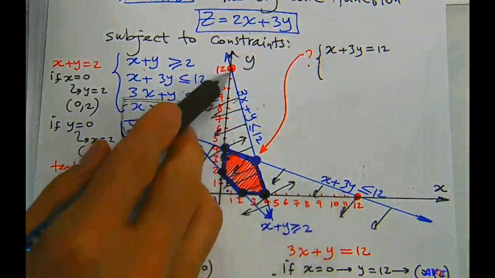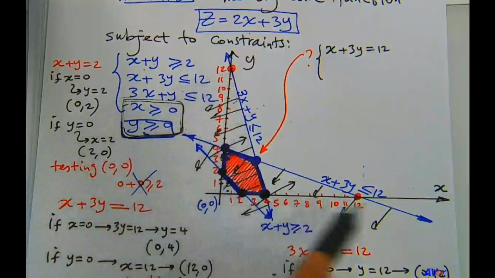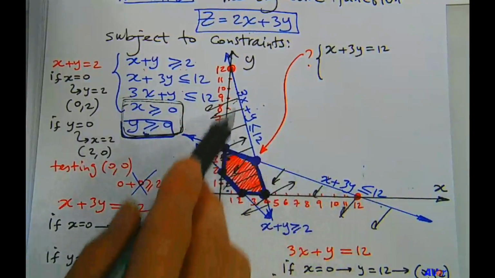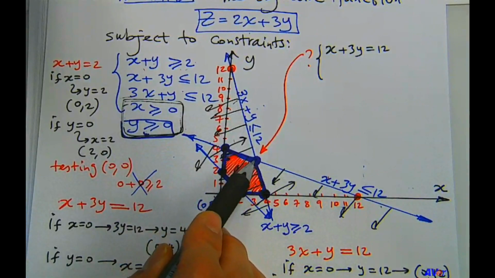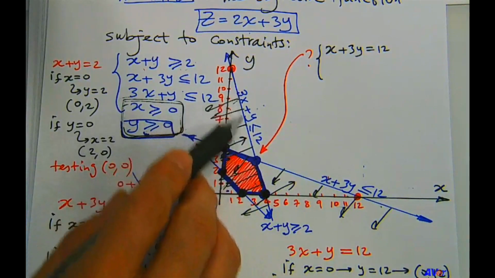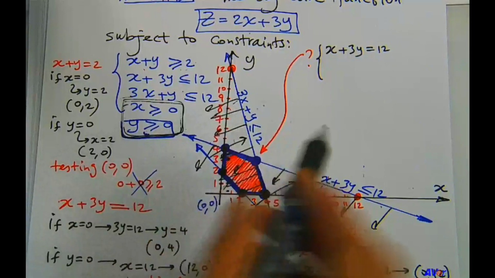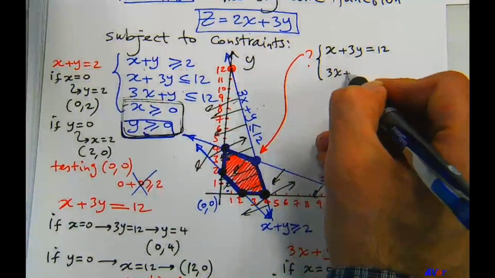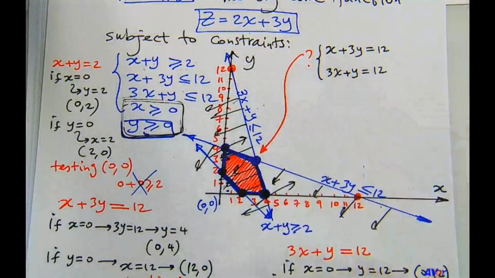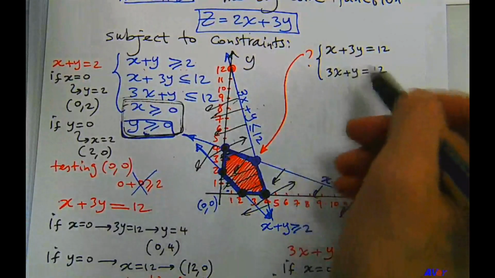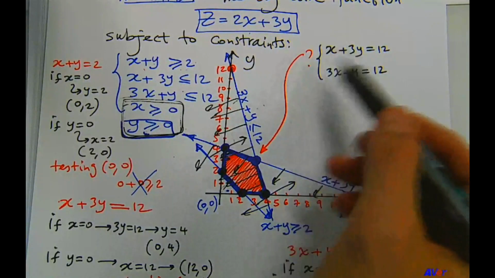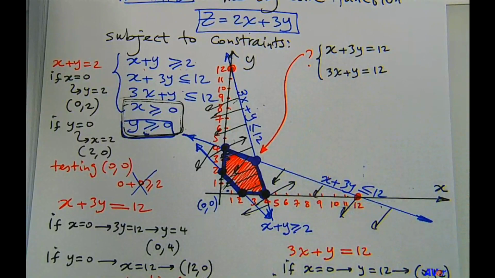These two lines intersect each other at that point to form that corner point. And the equation of this boundary line is 3x + y = 12. Okay, so now we do know how to solve a system of two equations, two unknowns. Let's do that.